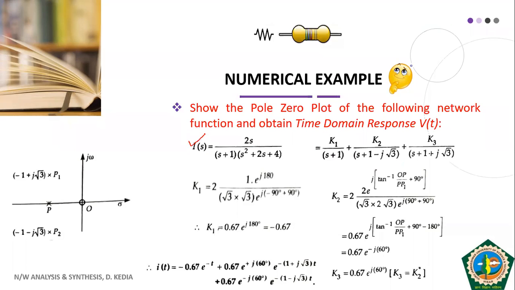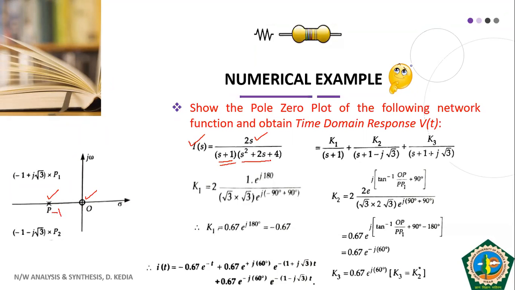So this is the network function. Let us identify how many poles and zeros there are. There is one zero, s equal to 0, that we have represented. Now there are 3 poles. One pole is minus 1, represented by p. Its value is minus 1.